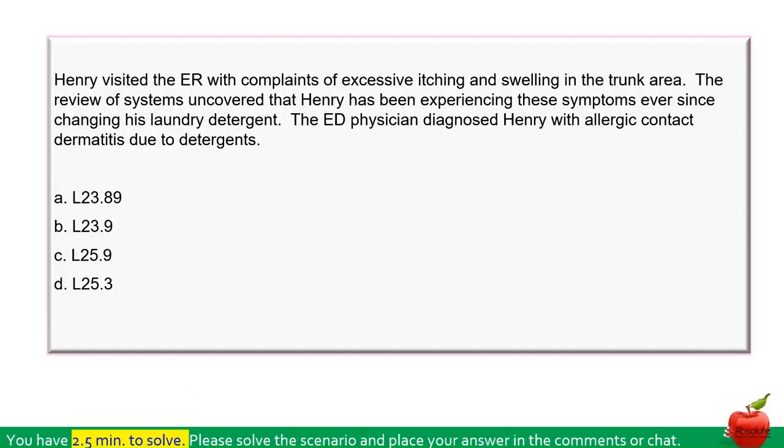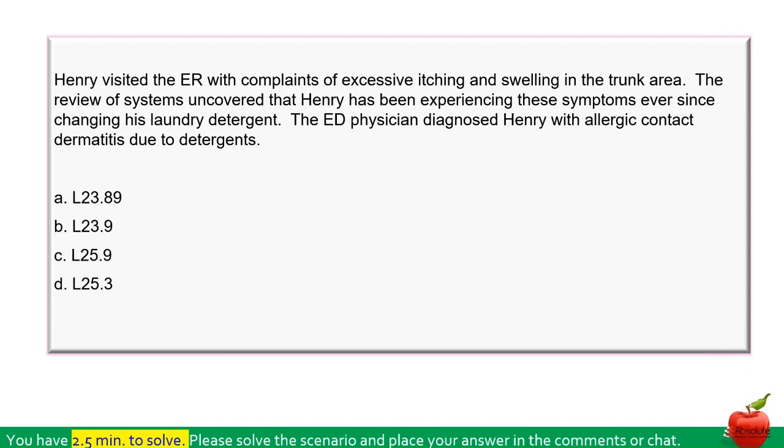Now we have Henry coming into the ER, and we're going to code for Henry. So we have A, L23.89, B, L23.9, C, L25.9, and D, L25.3. Henry visited the ER with complaints of excessive itching and swelling in the trunk area.